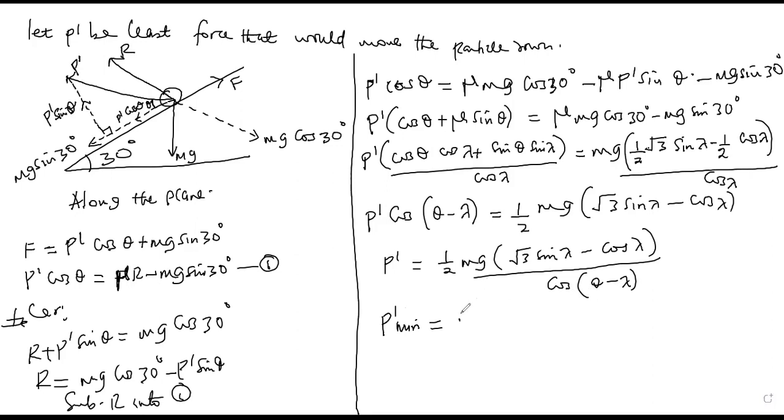So it is going to be a half mg root 3 sine lambda, but now minus cos lambda.